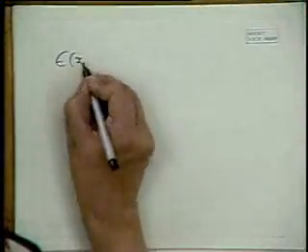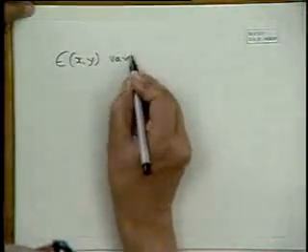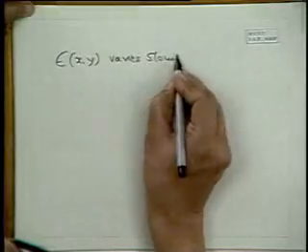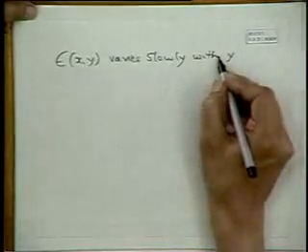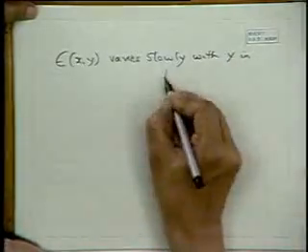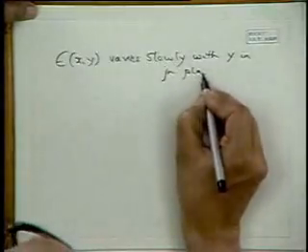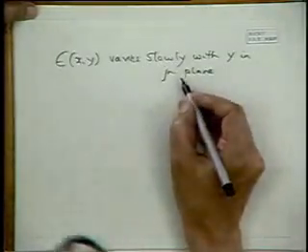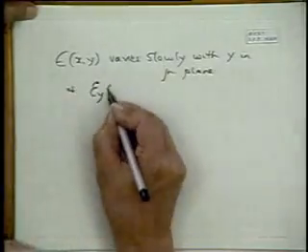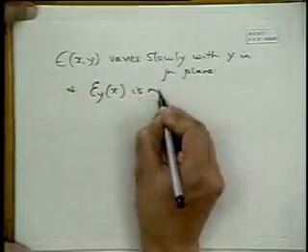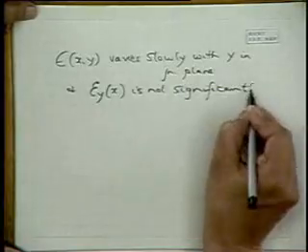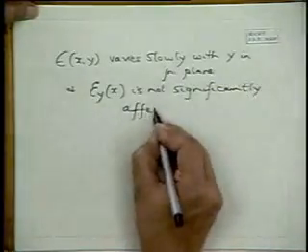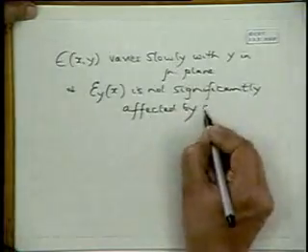Now we assume that the epsilon, the dielectric constant, varies slowly with y in the junction plane, and Ey(x) is not significantly affected by the confinement.